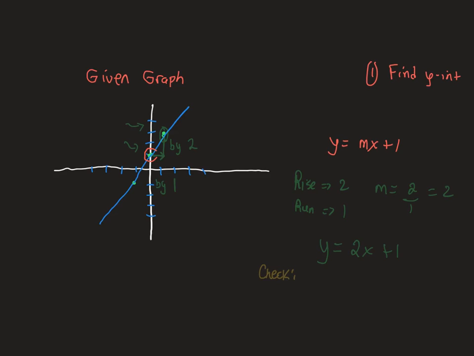So put the 1, 3. So if I put x is equal to 1, I should get 3. Well, 2 times 1 is 2. 2 plus 1 is 3. So, yes, it works.